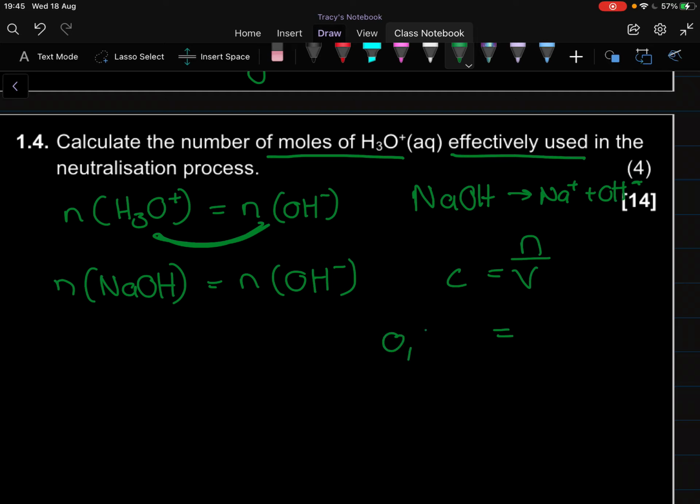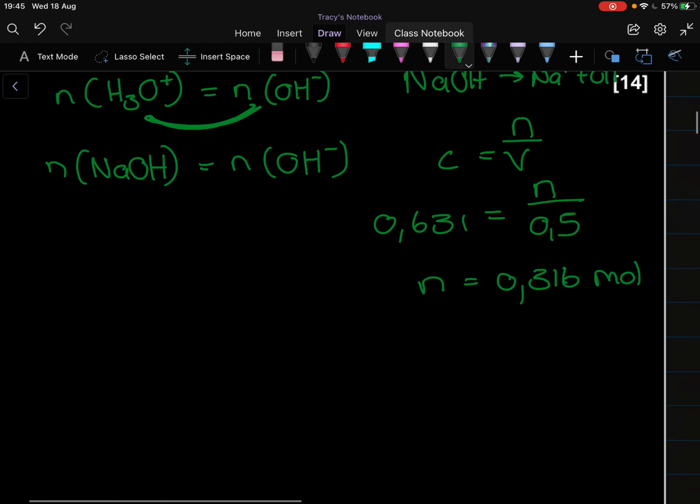We know the concentration is 0.631. We want N. That's 0.5. N is now 0.316. I've rounded it off to 3 because I used 3 earlier on. Therefore, okay, the number of moles of H3O plus will also be 0.316 moles.